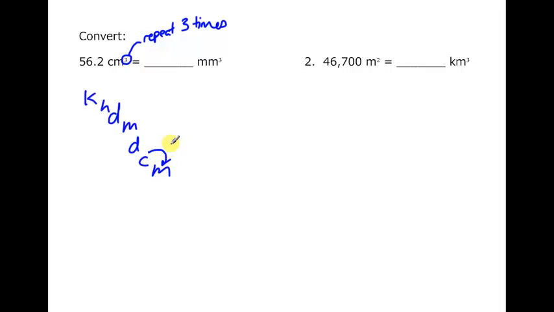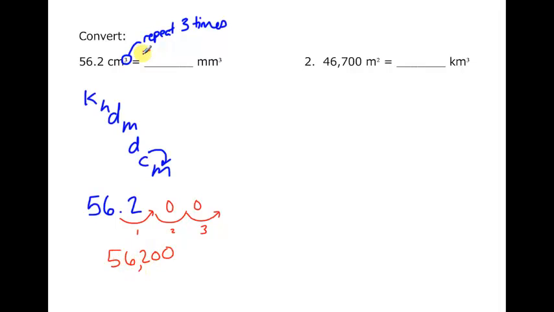That's just 1 jump. But I'm going to repeat it 3 times. So I'm going to go 56.2. I'm going to make my first jump. That's 1. I'm going to repeat it a second time, and I'm going to repeat it a third time. So filling in these with zeros, I get 56,200. And that's how you do it in these 2- and 3-dimensional things.